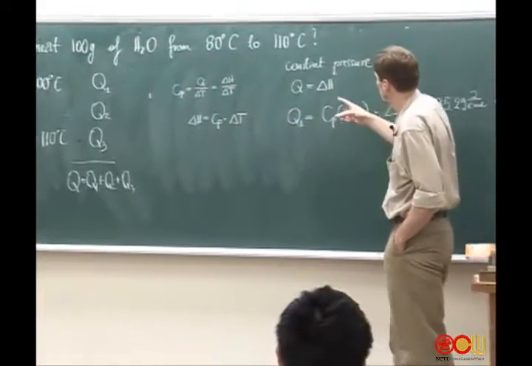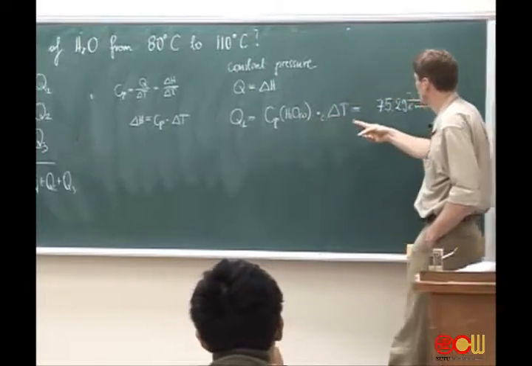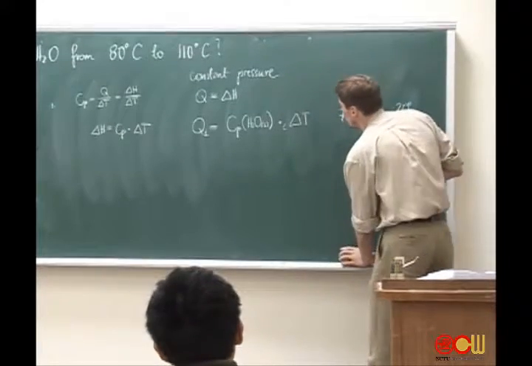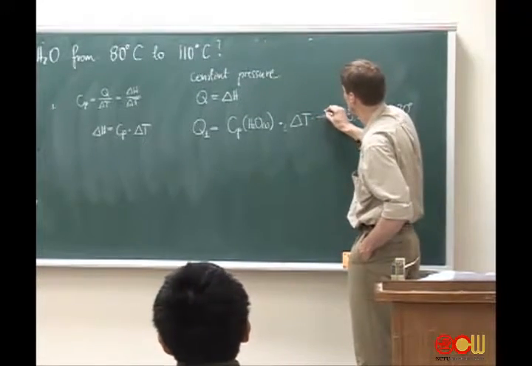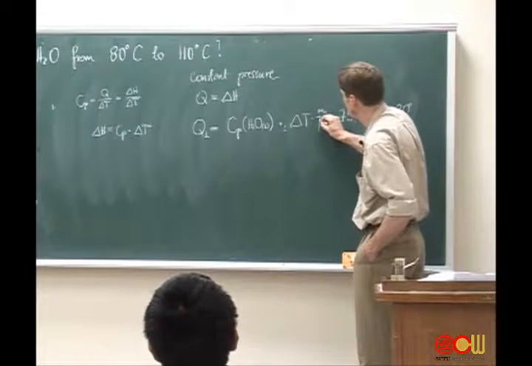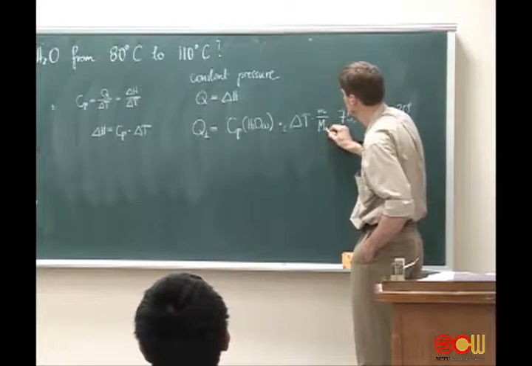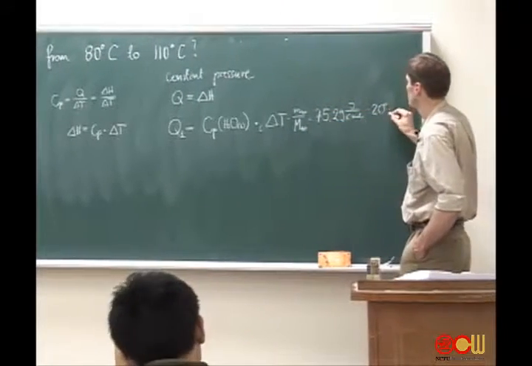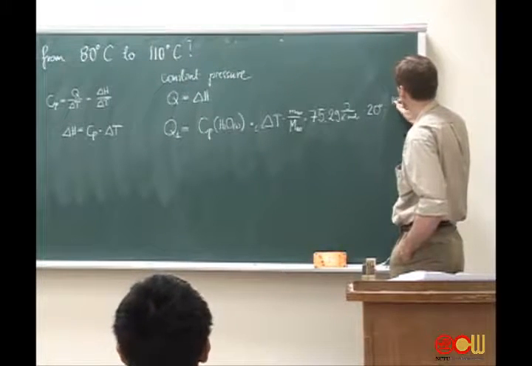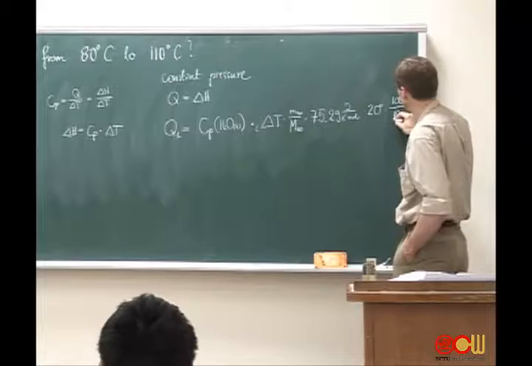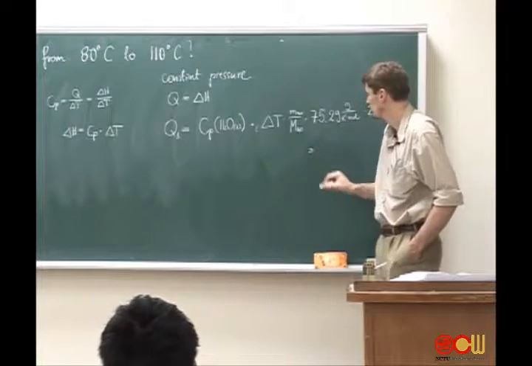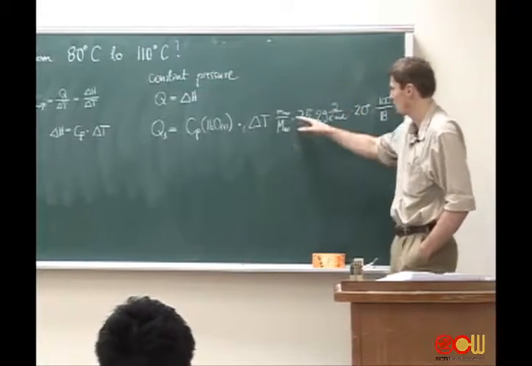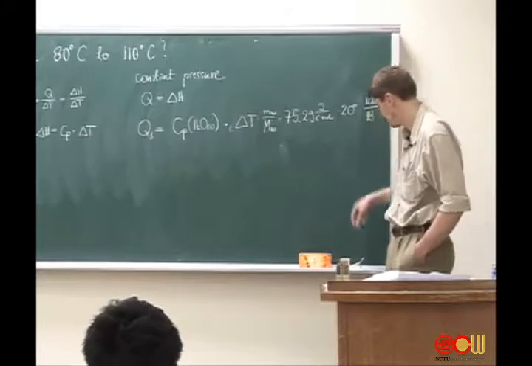So we have to change the units from grams to moles. It is enough to multiply this equation by the mass divided by the molar mass of water: mass is 100, molar mass of water is 18. And again, with a calculator, we get a number, whatever the number is.